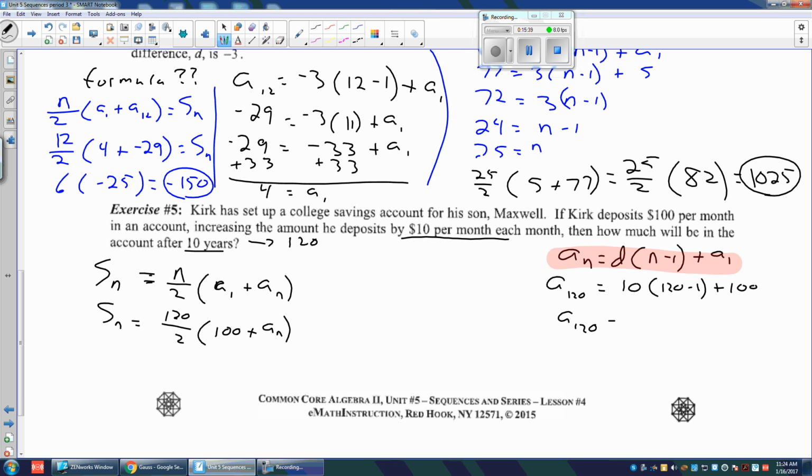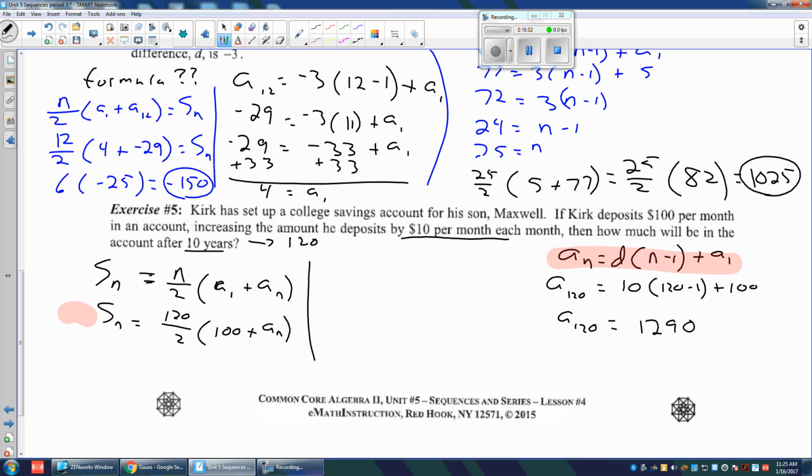And when we crunch that into our calculator, we get $1,290. Now that is the last deposit. That's not the total amount that he has in the account. That's the last deposit amount. So now we go back here and we take a look at the equation.